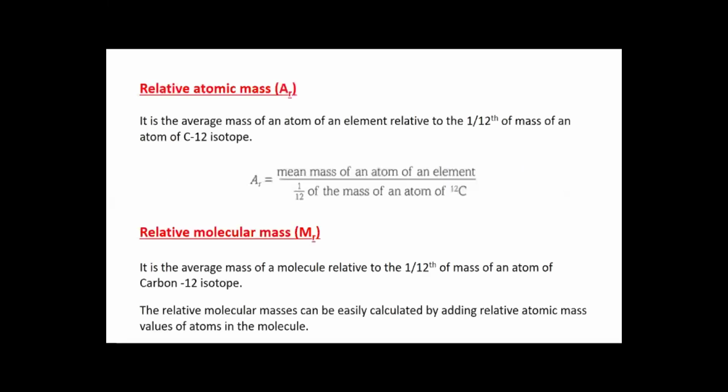Okay, right. So the first thing is the relative atomic mass. So as I told you, atoms are very tiny particles, right? So we can't measure their mass in kilograms or grams. So instead of that, we are using a term called relative atomic mass.